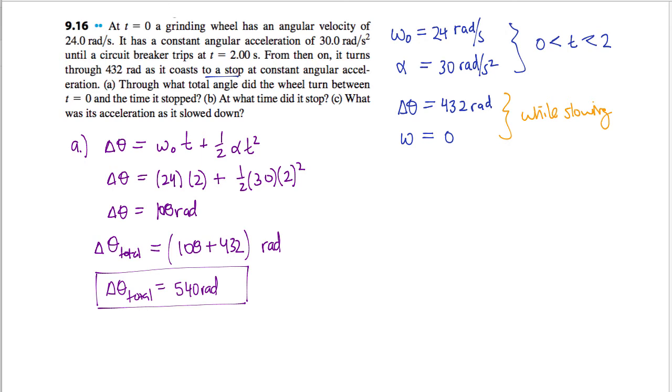Now, for part B, it says, at what time did it stop? So for part B, we need to know a couple things. We have a few equations we can work with here. We have omega equals omega naught plus alpha t. Now, unfortunately, we don't know alpha while it's slowing.